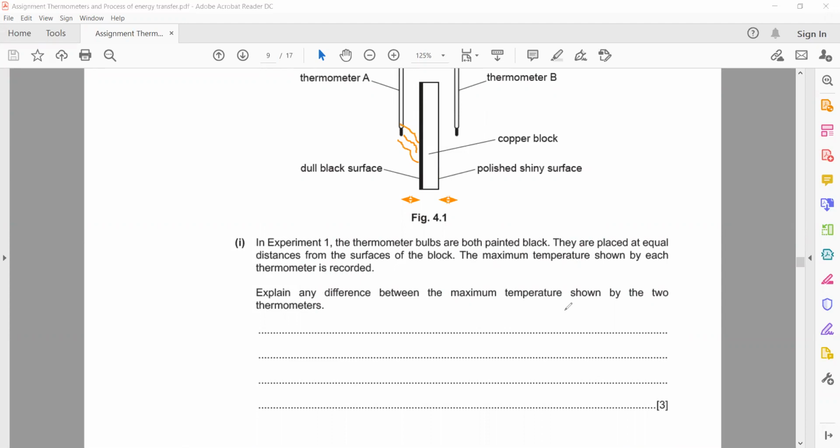Yes, and how is the energy transferred? By radiation. So you will mention thermometer A will record a higher temperature.